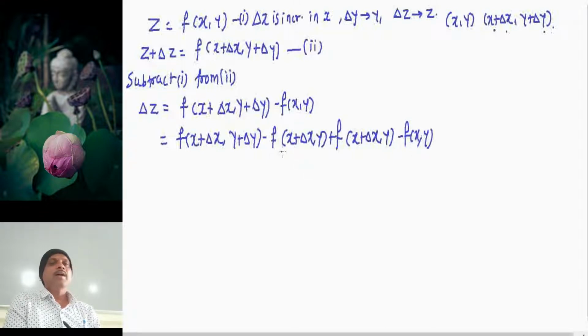Now I have added and subtracted this term f of x plus delta x comma y. This is my value of delta z. Let us suppose this is equation number 3.